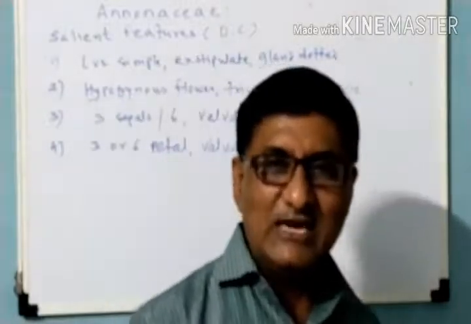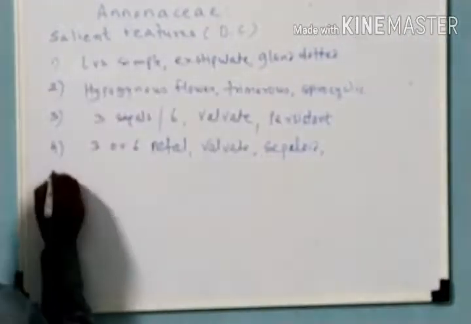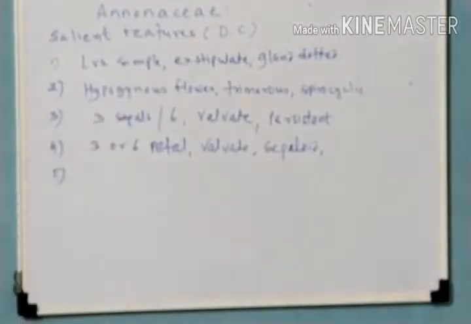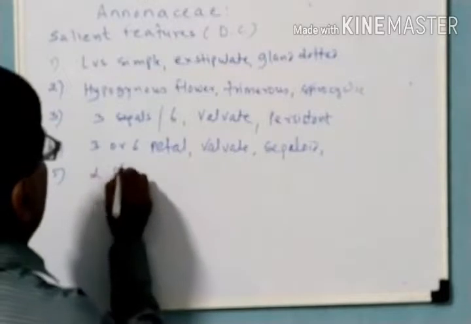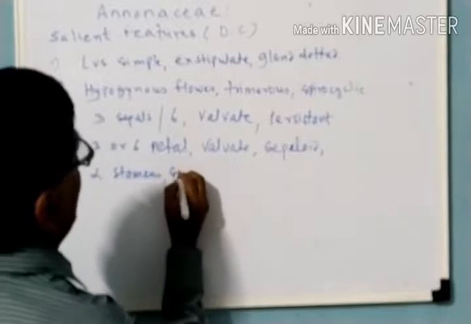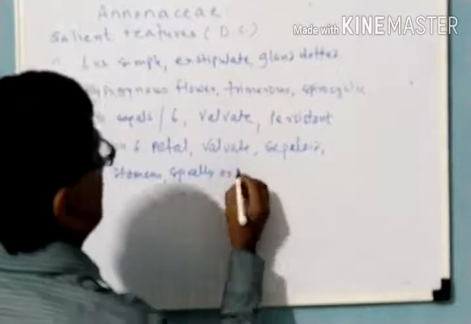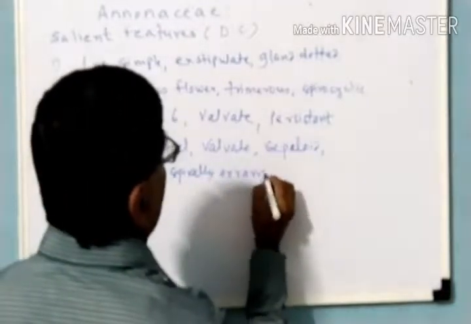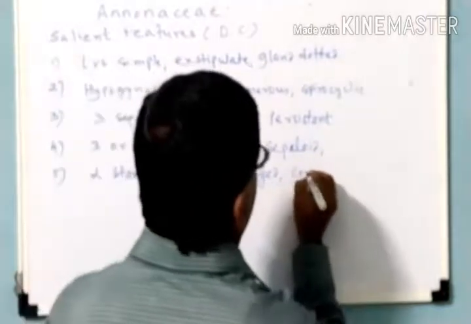When they are six, they are in two whorls. Then aestivation is valvate, and sepaloid means they are green in color. There are many stamens, many, spirally arranged. And the connective is enlarged.